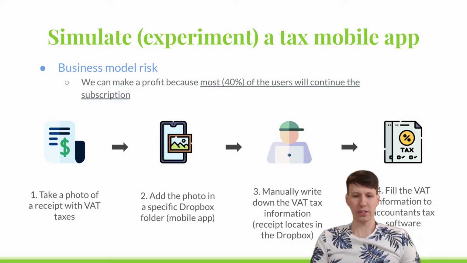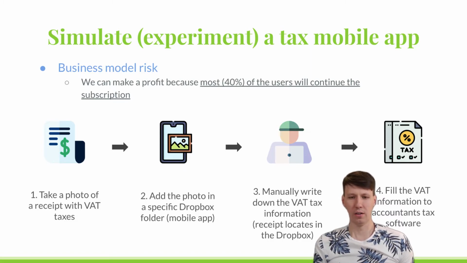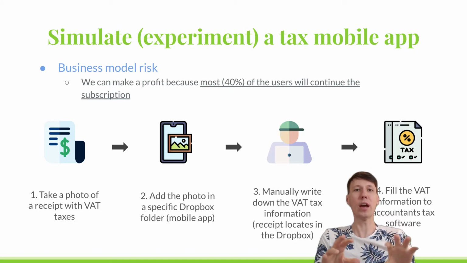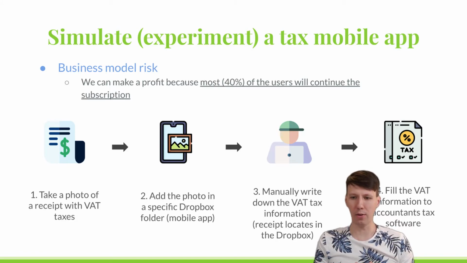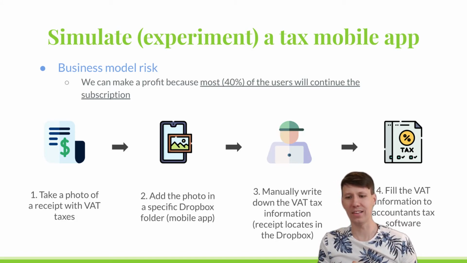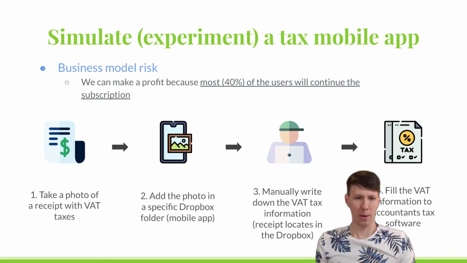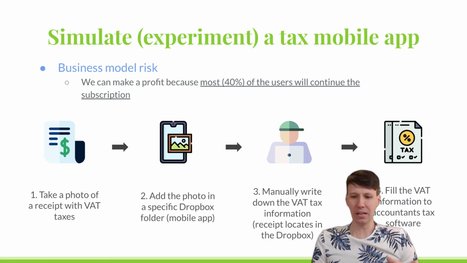The third step is that you or someone from your team manually writes down the value-added tax information that you can see in the image in the Dropbox folder, and fills it into the accountant software. So now you have built the same solution without any programming, any coding.